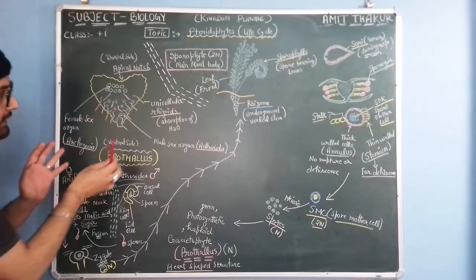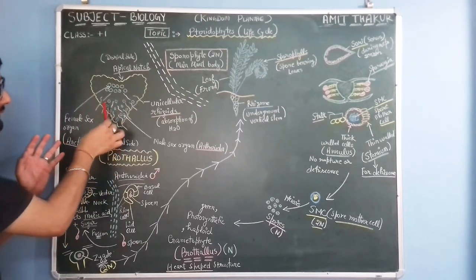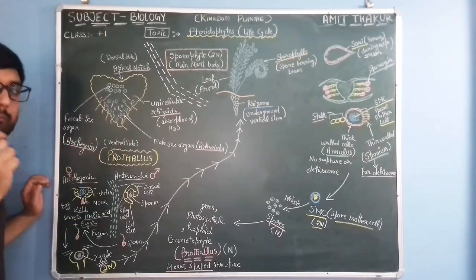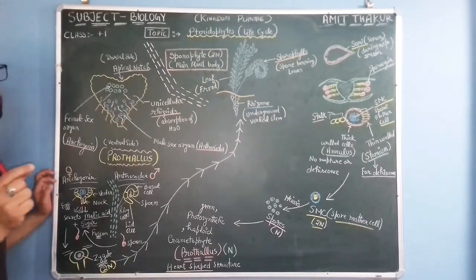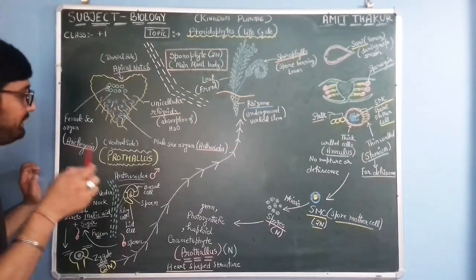Inside, or in between these rhizoids, male sex organs are present, meaning antheridia.